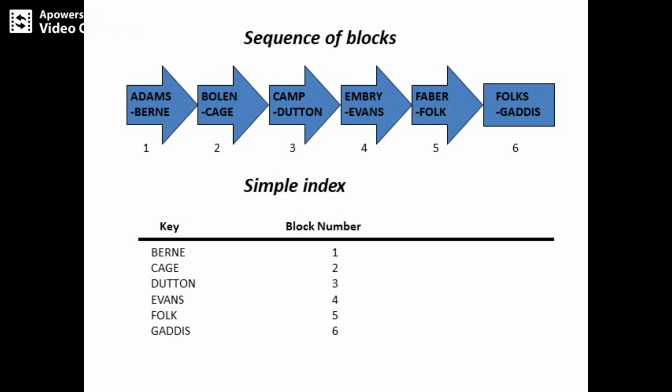If you want to search for a record with a key greater than Cage, then it should go to block number 3. If your record has a key less than Fork, then it should go to block number 4. So that is how you can use the index on the blocks.